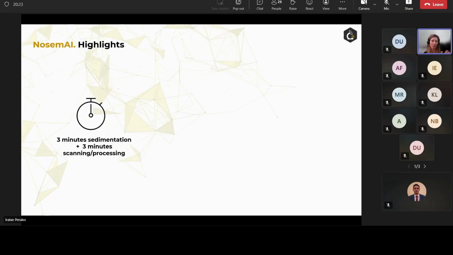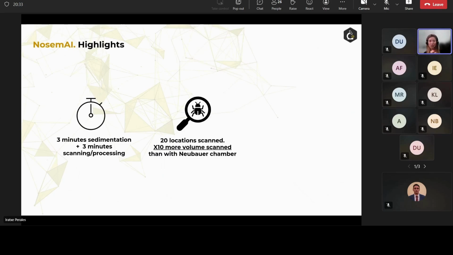We have like 3 minutes for sedimentation and 7 minutes for scanning. So at the end, the Nosema analysis requires around 6 minutes. Then the user has to use a specific volumetric chamber that has more than 10 times larger scan volume compared to the Neubauer chamber.